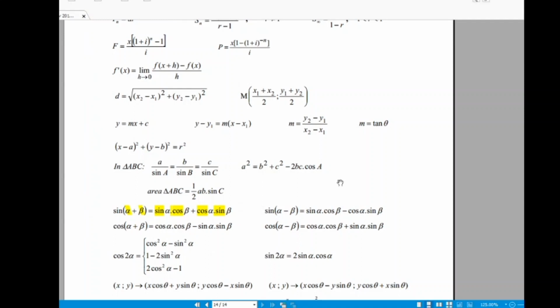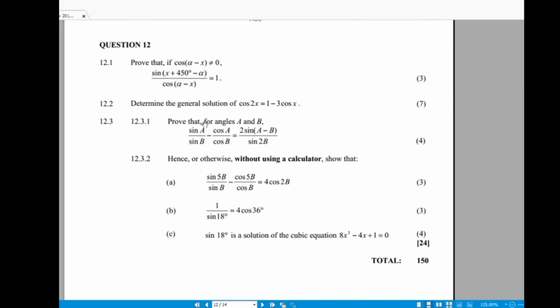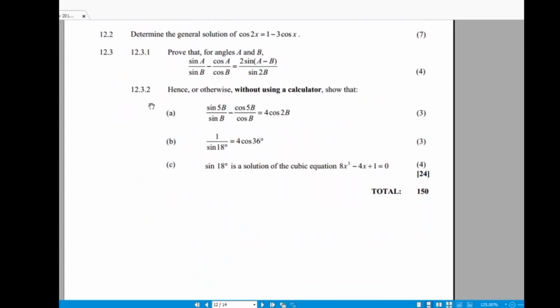Now moving on to question 3. Question 12.3.2. But hence or otherwise, without using a calculator, show that the left hand side is equals to the right hand side, right?